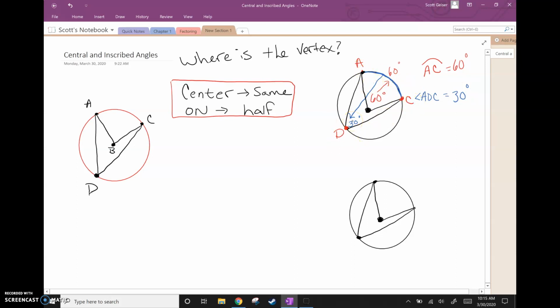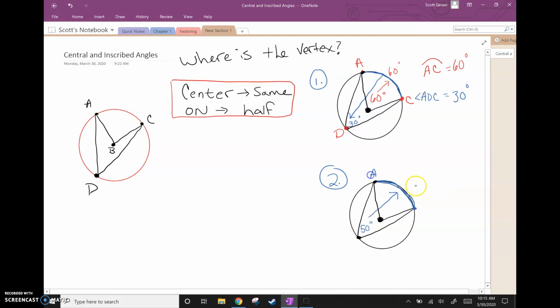Okay, so then in example 2 down here, if I am given this angle down here, let's say that this is 50 degrees. Since this is half of the arc up here, instead of dividing by 2, since it would be getting bigger as I bring it out, I'm going to multiply by 2.